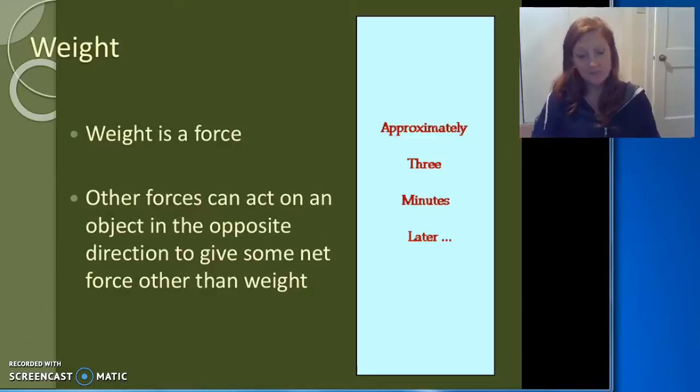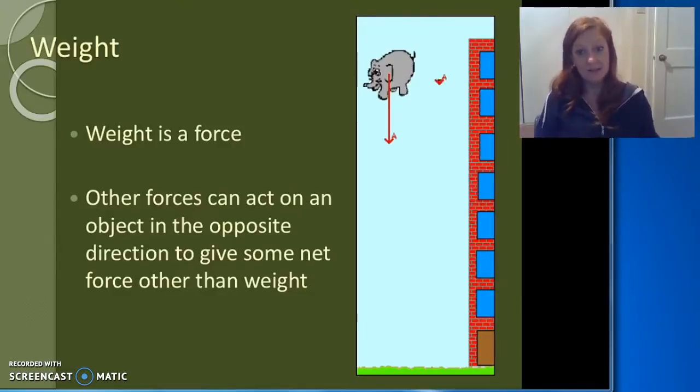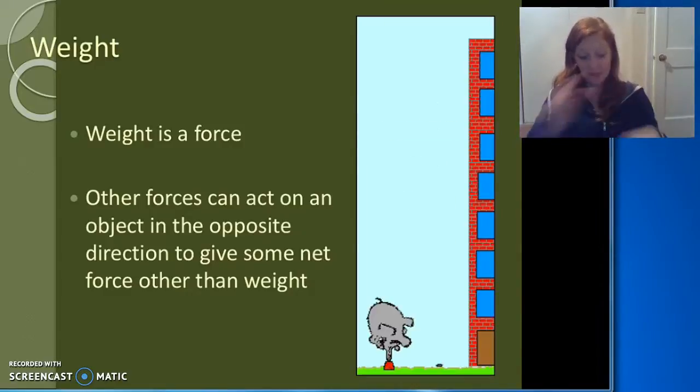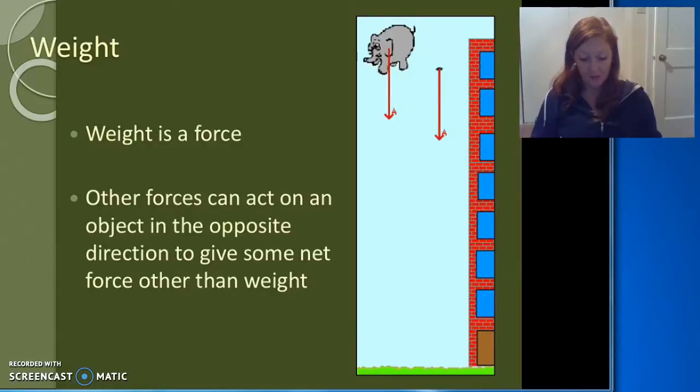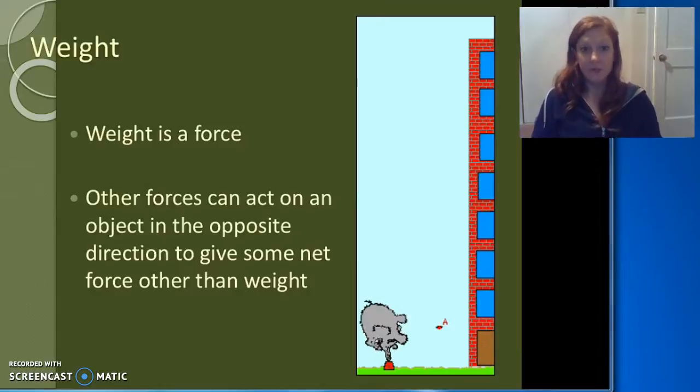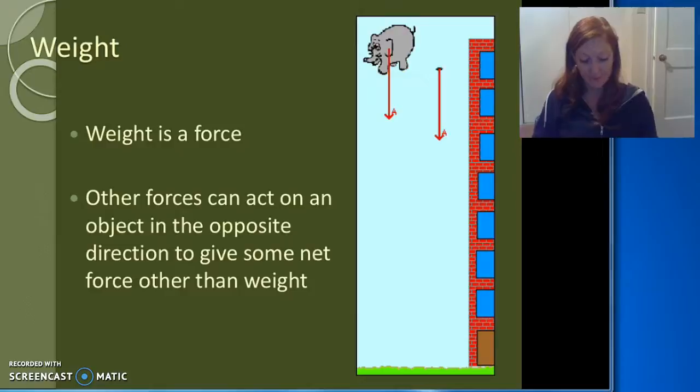But for the feather, air resistance is a huge factor. Even though it starts accelerating toward the ground, air resistance is going to take away a lot of that force, and you're going to have a much slower acceleration. So if something isn't falling that quickly, air resistance is the reason why.